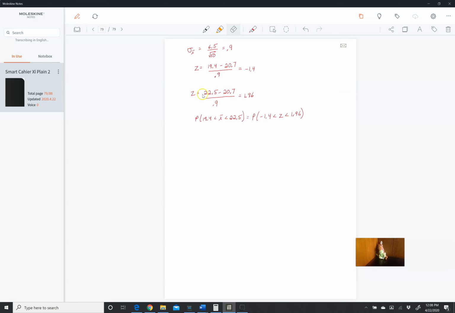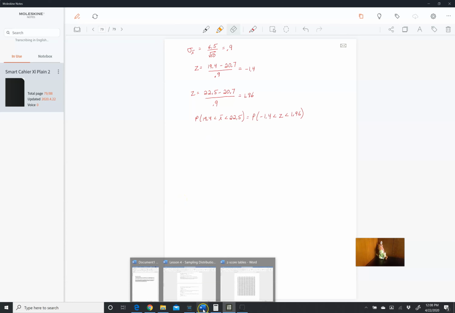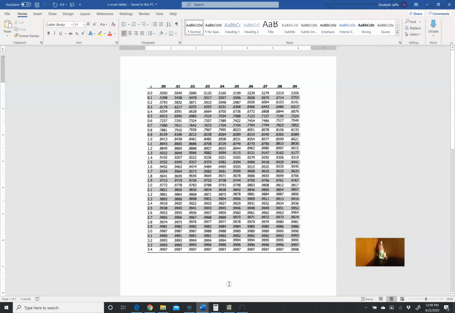We go to our z-score table. Here's our z-score table, and we look at 1.96. And 1.96 is 0.975, and this gives us the area that's less than 1.96.